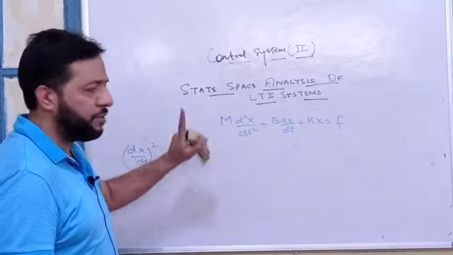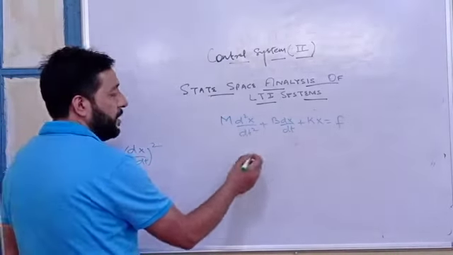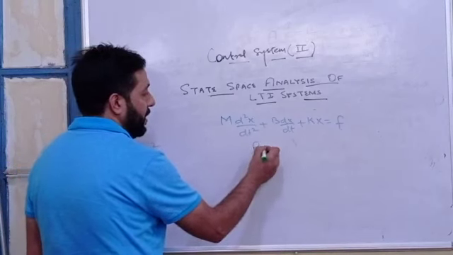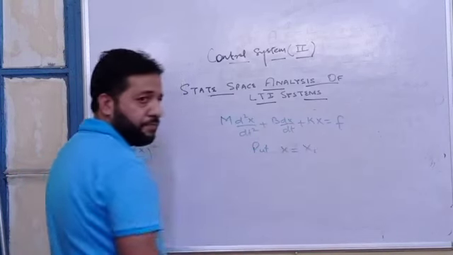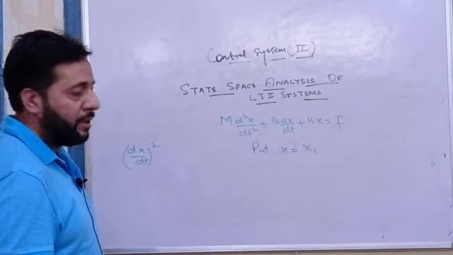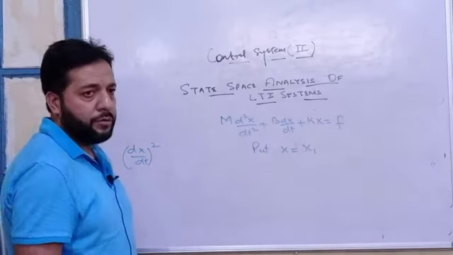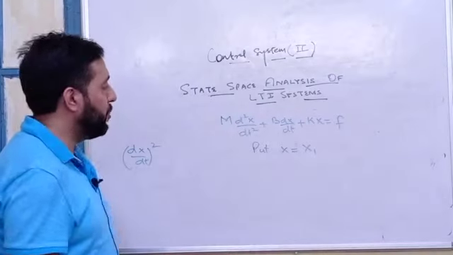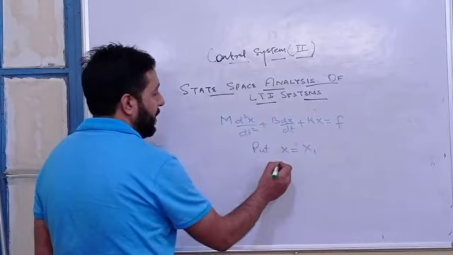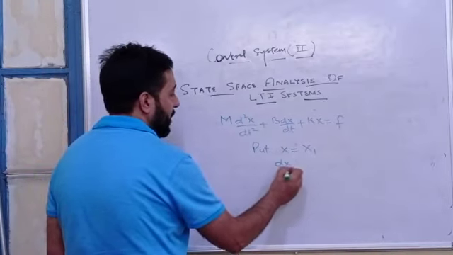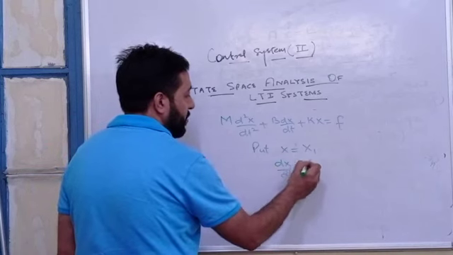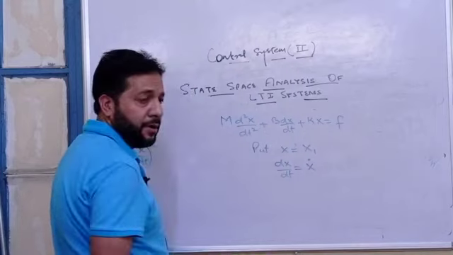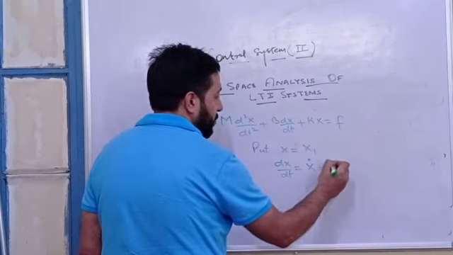What is the procedure? The procedure is very simple. We will define x, the variable here, equal to x1. There should be no issue with this. We put x equal to x1 and dx by dt, which can also be conveniently represented as x dot, I put equal to x2.